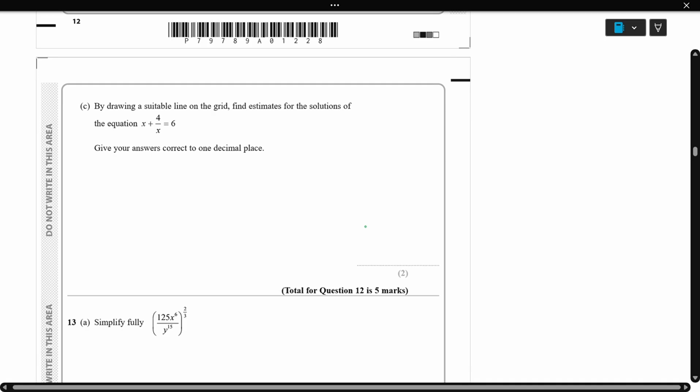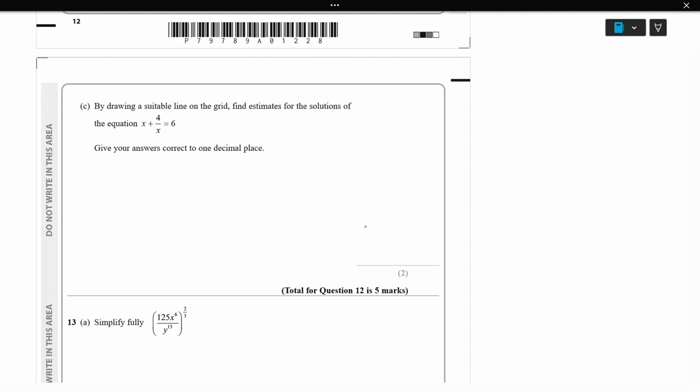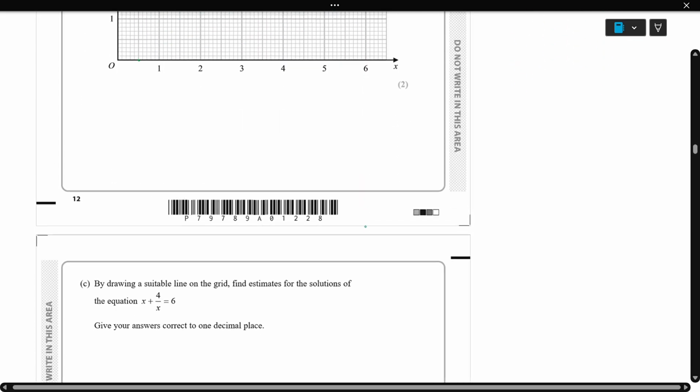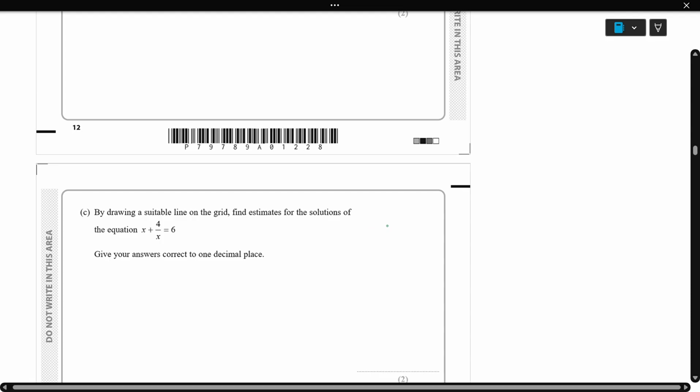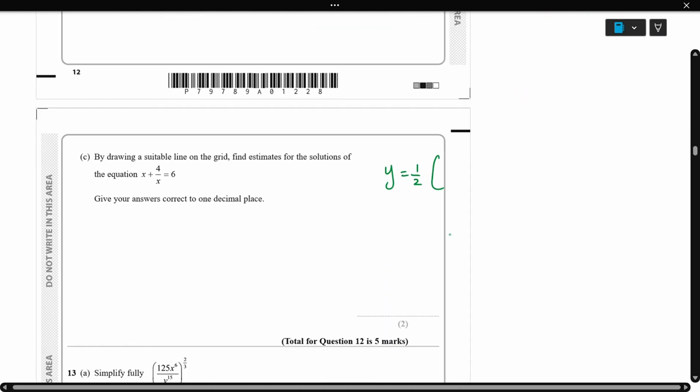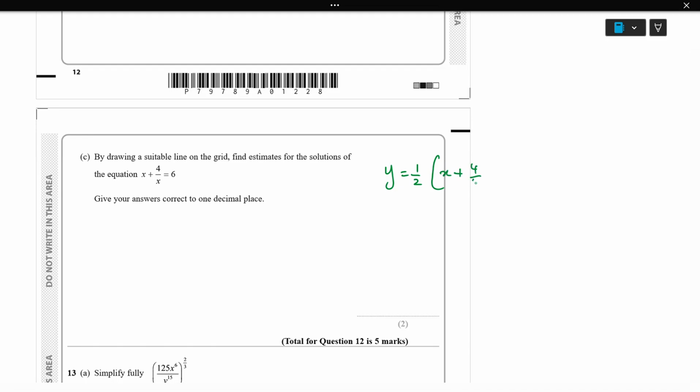Next, part C. By drawing a suitable line on the grid, find an estimate for the solution of the equation x plus 4 by x equals 6. So the given equation is y equals 1 by 2 into x plus 4 over x. Now this equation is given, x plus 4 by x equals 6.